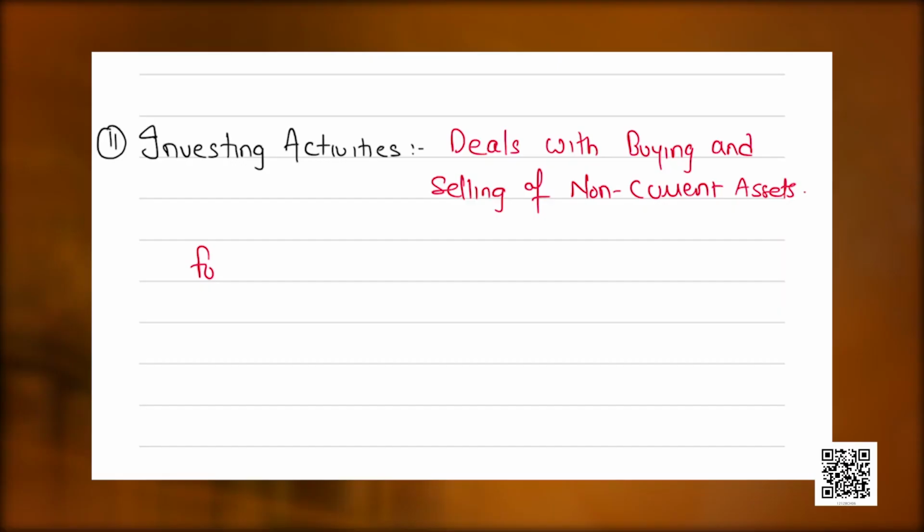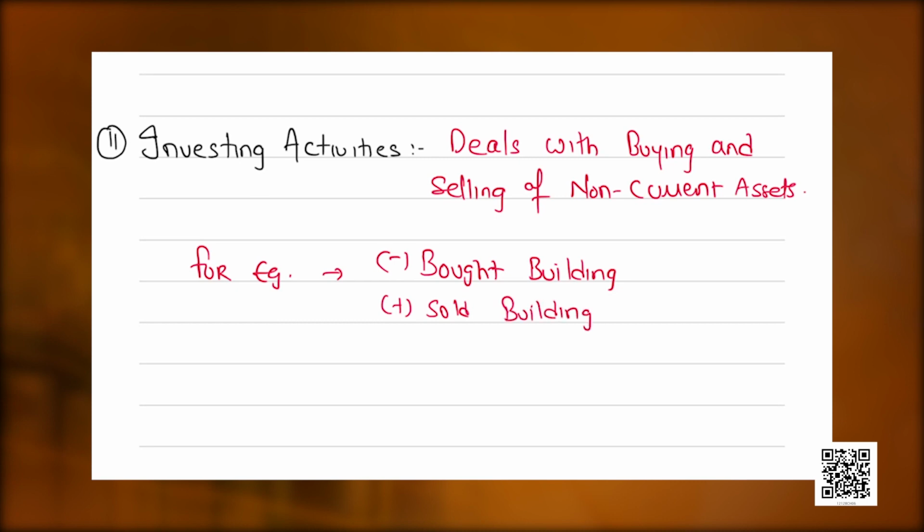But where this money is used, that is investing activity. For an example, if you bought a building, it is investing in fixed asset, so it's an outflow of cash. But if you sold that building, it is inflow of cash. Buying and selling of non-current assets are items of investing activities.